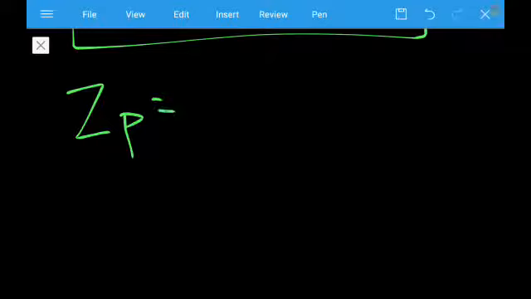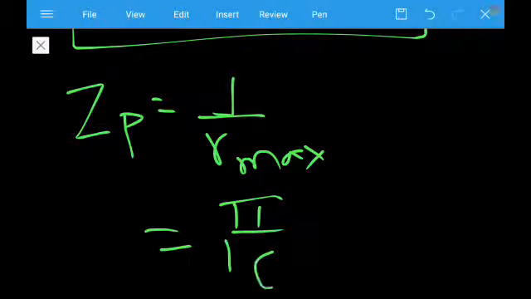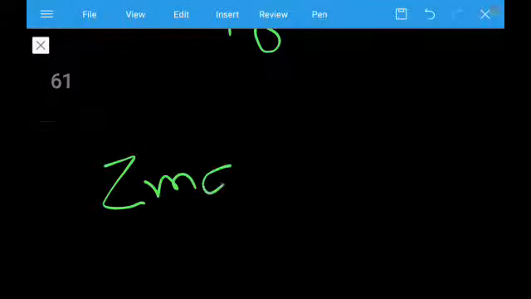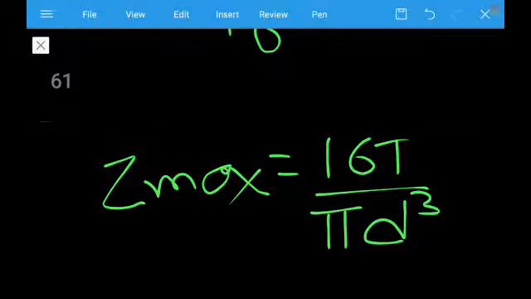Now Zp is J upon r max, which is pi upon 16 d cube, or tau max is 16 T upon pi d cube.